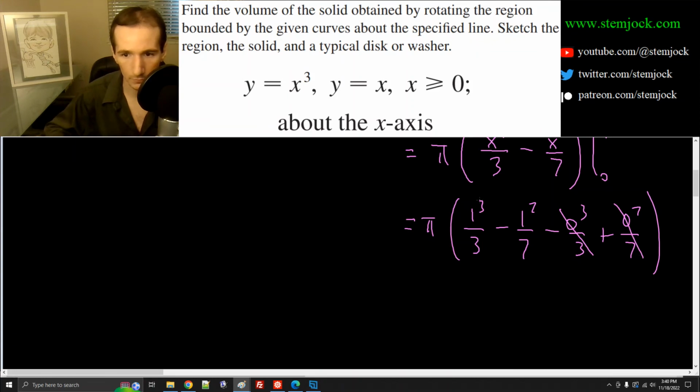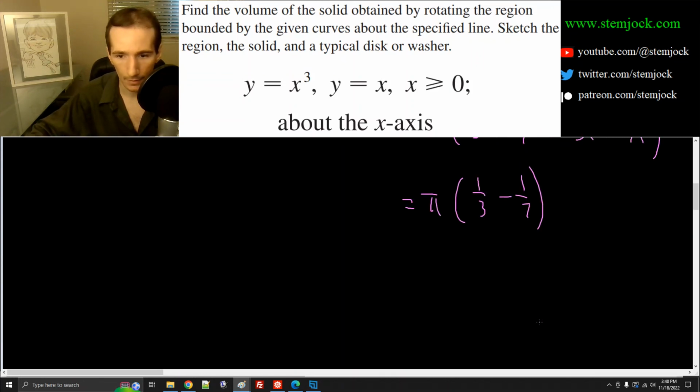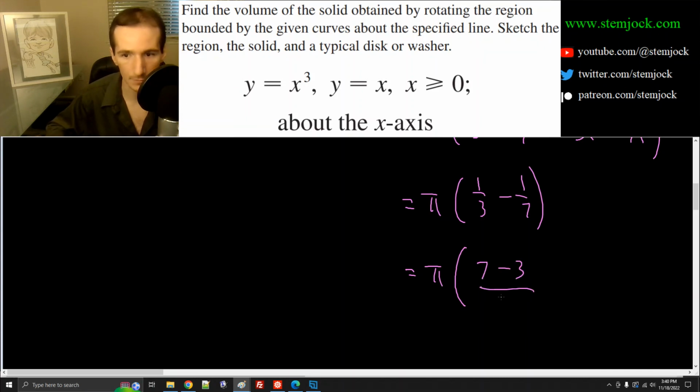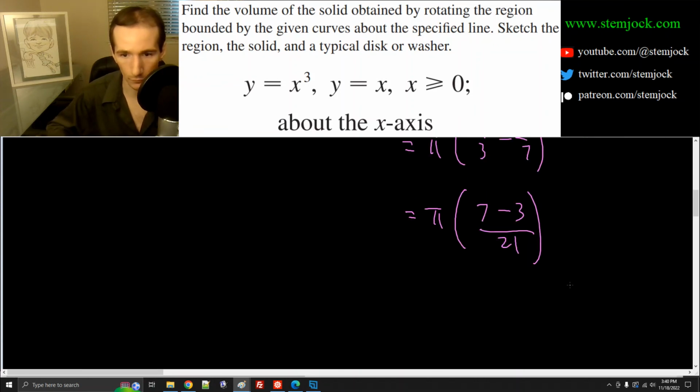And 1 cubed is just 1. 1 to the 7th is just 1. So this is equal to pi times 1/3 minus 1/7. And if I just combine the fractions here, this is going to be 7 minus 3 over 3 times 7, which is 21. So this is 4 over 21. So our volume here is going to be 4 pi over 21.